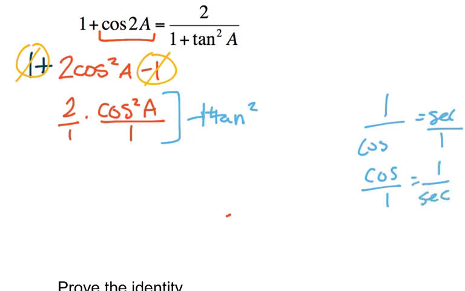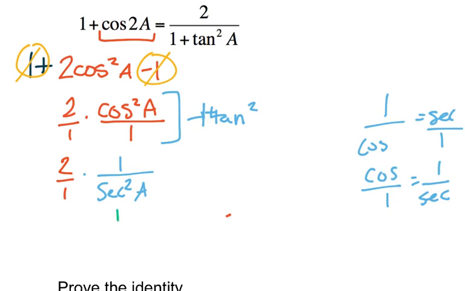So over here, I'm going to rewrite cosine squared of a as 1 over secant squared of a. Because again, 1 over the secant is actually equal to the cosine in the numerator. And now, because of 1 over secant existing, I can then use my trig identity to rewrite secant squared a as 1 plus tangent squared.